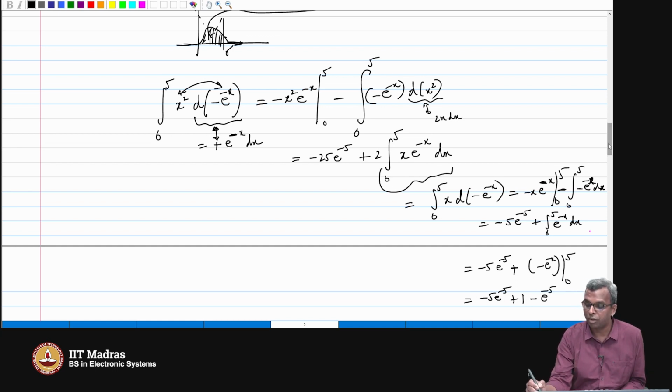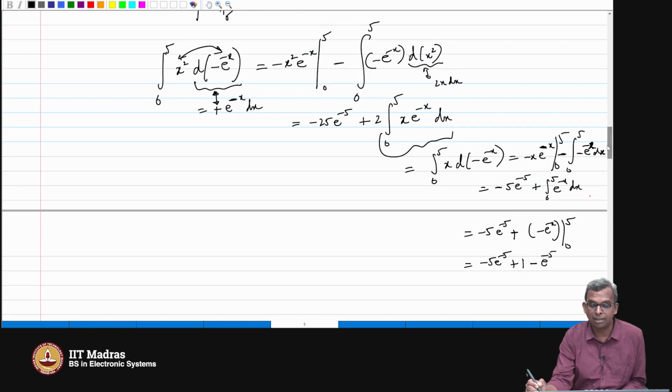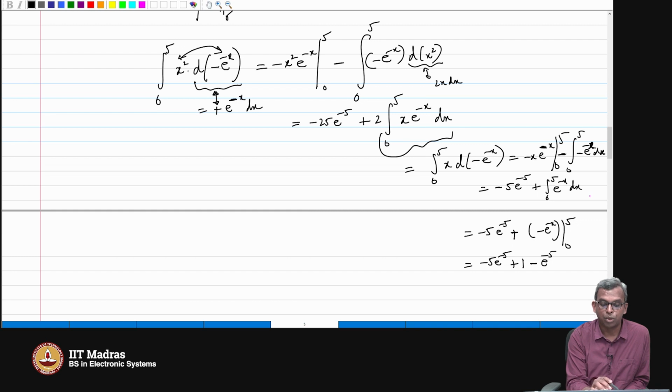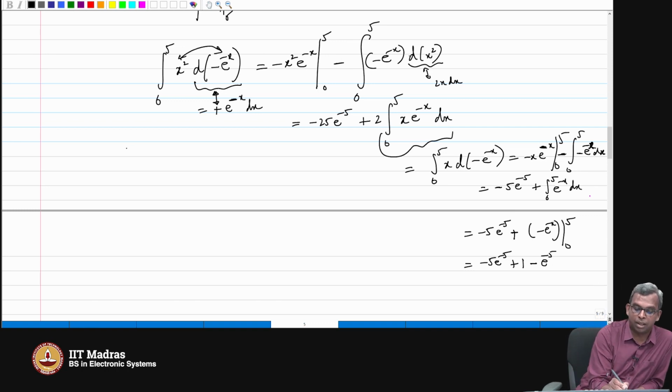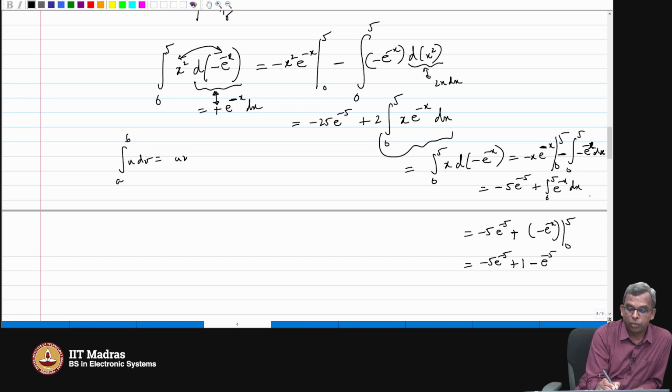So this is another way in which I like to write integration by parts. Notice this differential notation. We push the function inside the differential and replace it like this, and then after that the parts method works as I learnt it: integral a to b u dv is uv between a to b minus integral a to b v du.